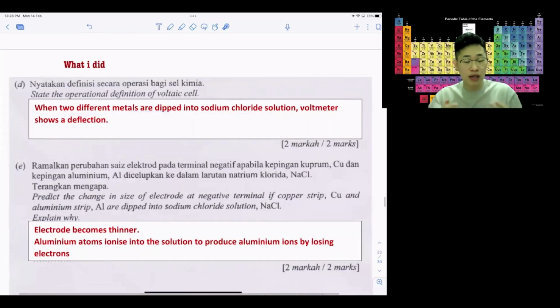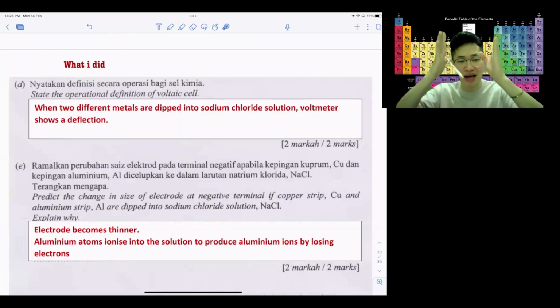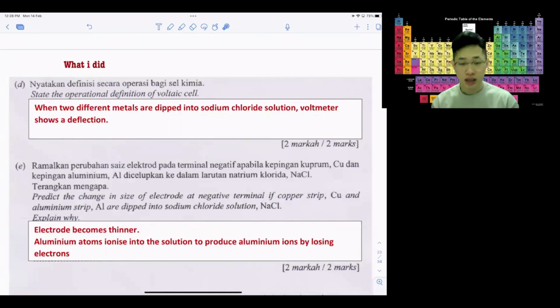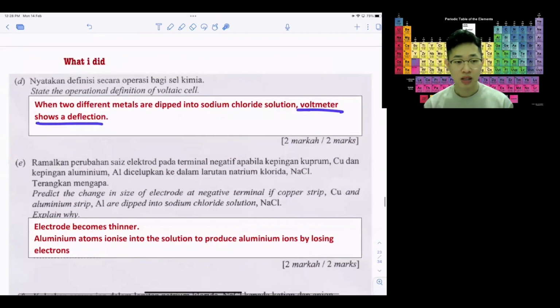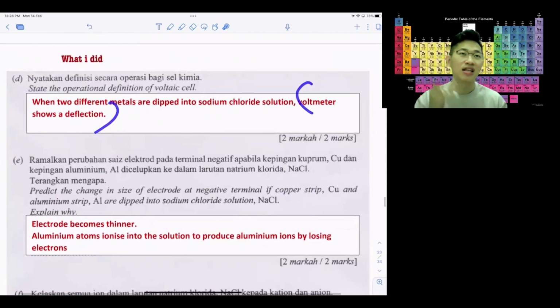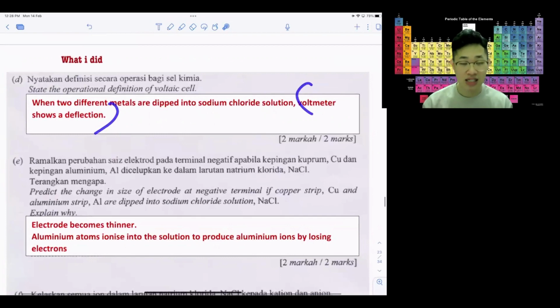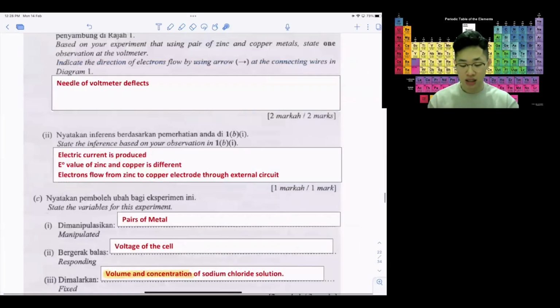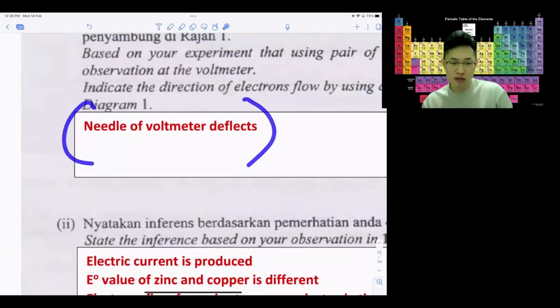When I put two different metals, or you can say different pairs of metal, into the solution, the voltmeter shows a deflection. So that's what I did, and that's what I observed, right? So the needle of the voltmeter deflecting is what I observed just now. So I just put it back.